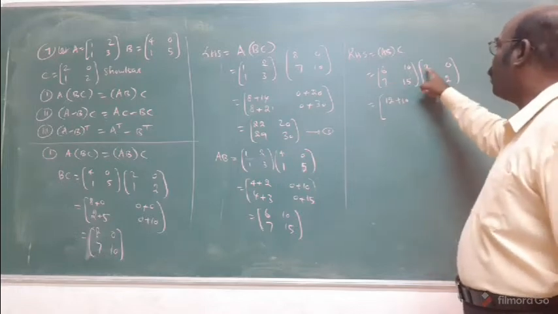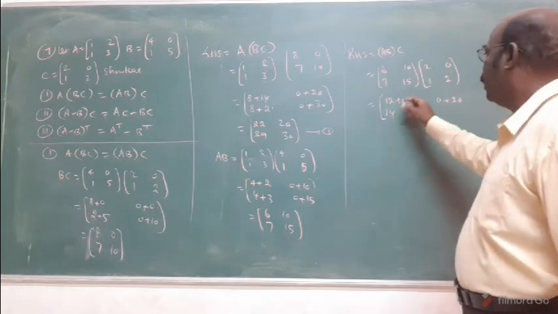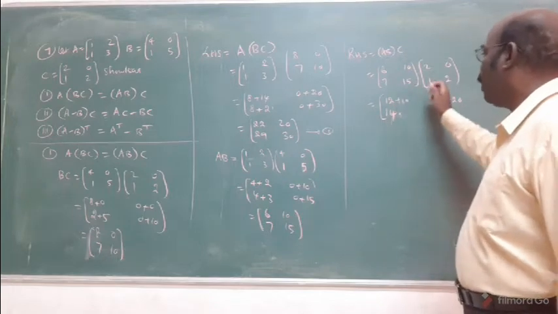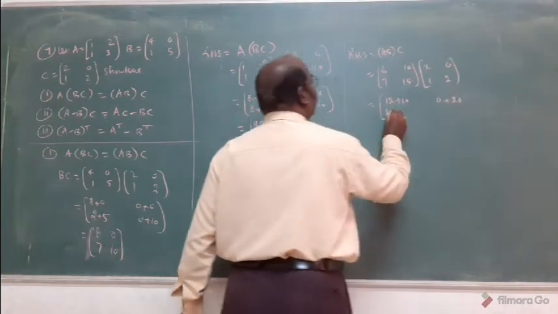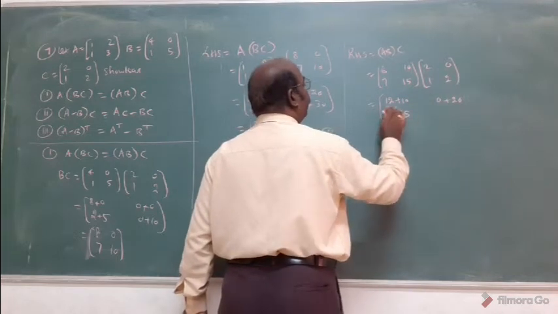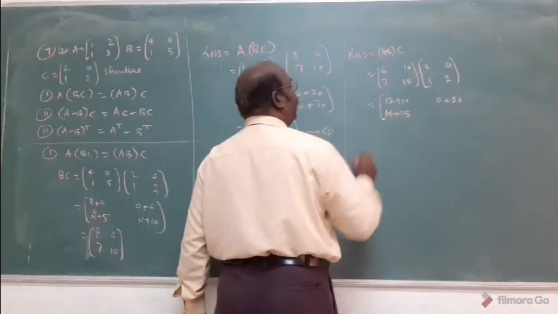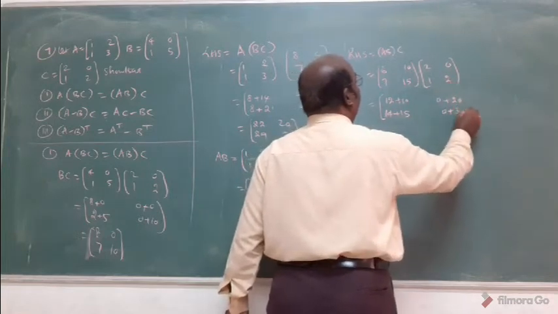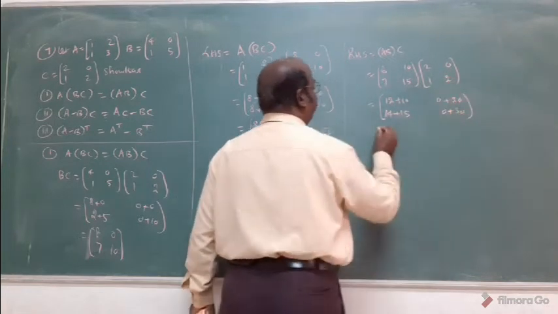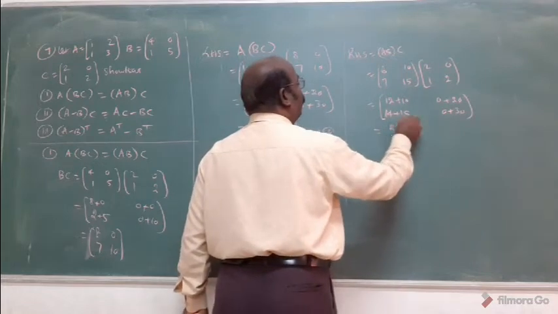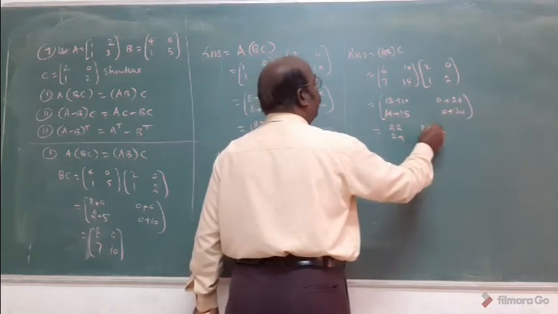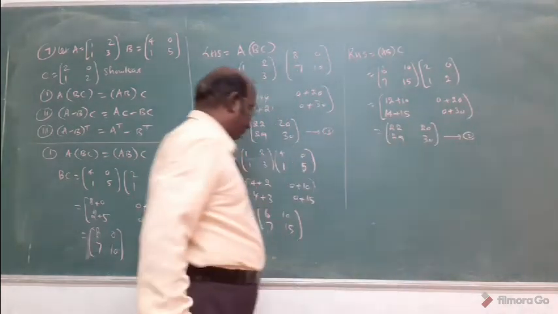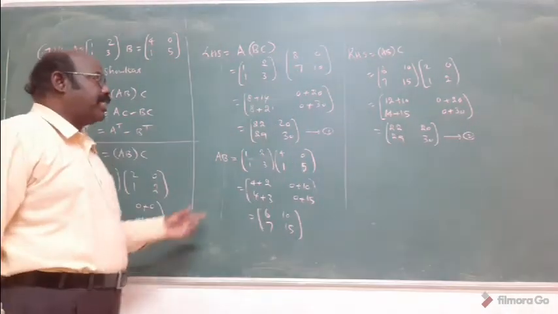Again 7 2 are 14 plus 15. 14 plus 15. Next 7 0 0 plus 30. 15 into 10. Add: 22, 29, 20, 30. Exactly, that is the second answer.